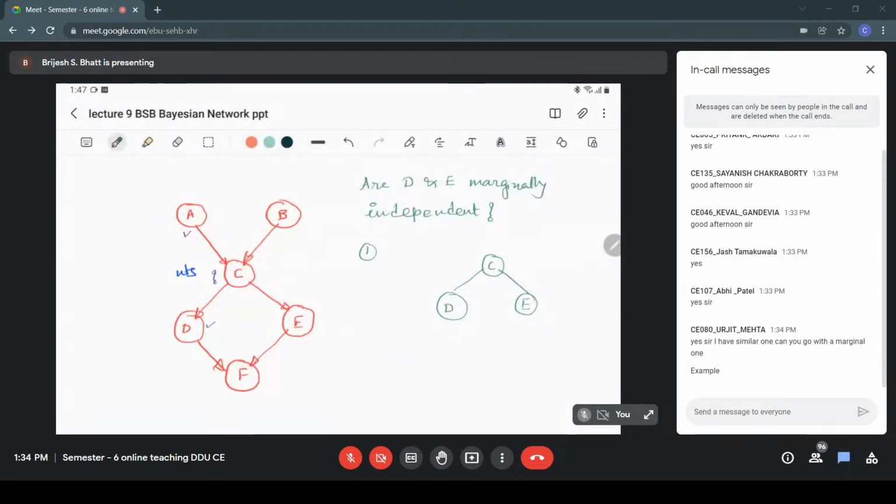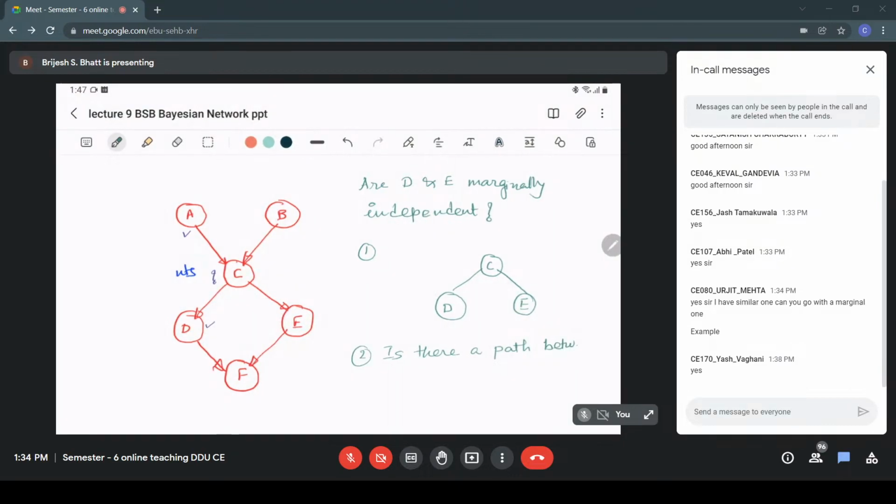Are you with me, Urjit? Yes, sir. Okay. So now, after doing this graph, the question is, is there a path between D and E? No, there is a path, right?